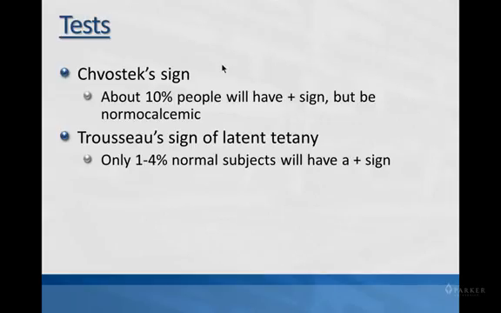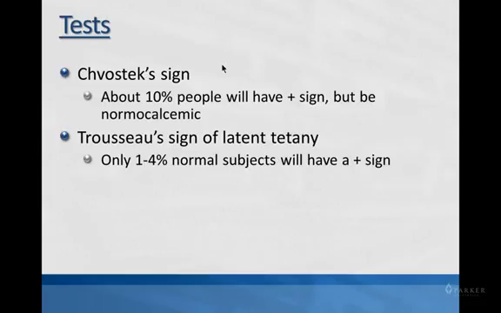Another one that can be used for diagnostic purposes is called Trousseau's sign of latent tetany. What they will do is inflate a blood pressure cuff on the subject's arm about 20 millimeters of mercury above their systolic blood pressure and hold it for about 3 minutes.